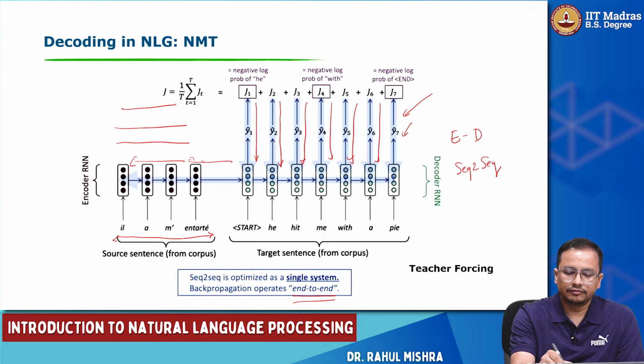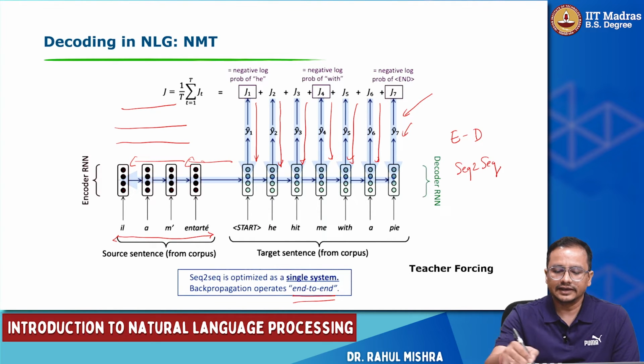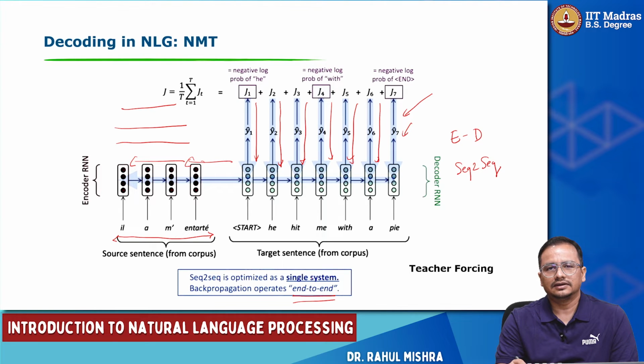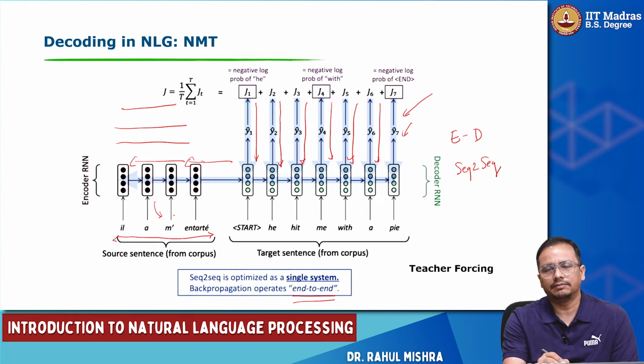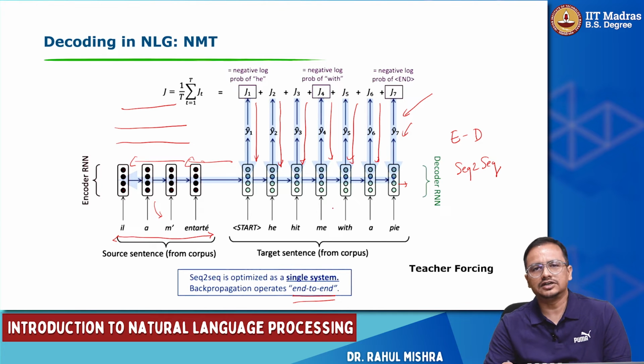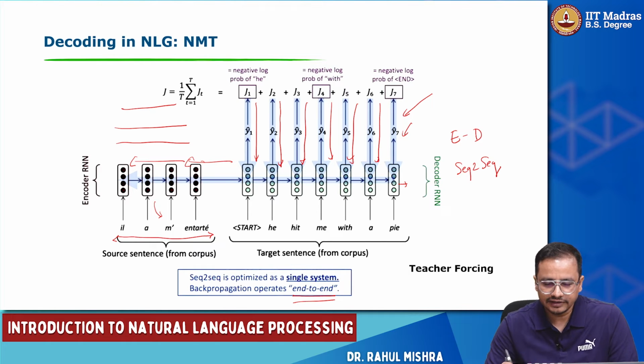When you are computing the gradients and doing the step in SGD, stochastic gradient descent, the weights of this RNN or LSTM will also be updated apart from the decoder weights. So that's why it is called end to end, and it behaves like a single system.